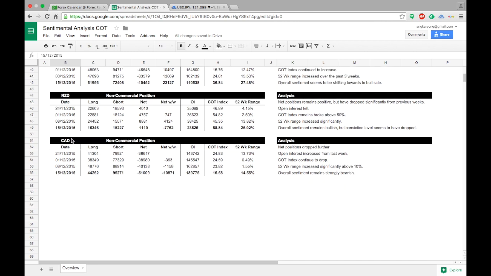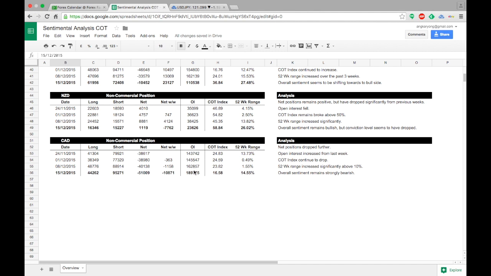So when you see on Canadian itself, over the past 4 weeks, what you see in terms of net positions is that it has been dropping. Basically it's entering the negative territory deeper and deeper, and you can see the week on week change is always negative. So what it means here is that net positions has dropped further compared to last week.